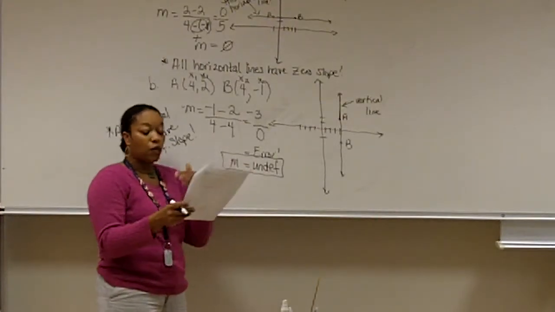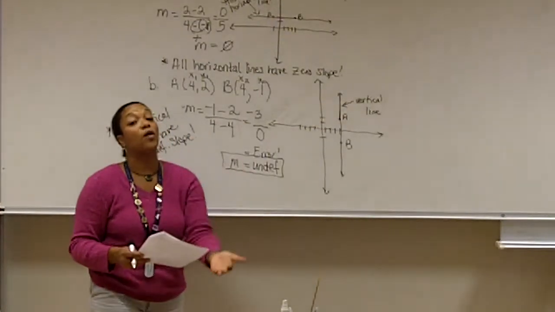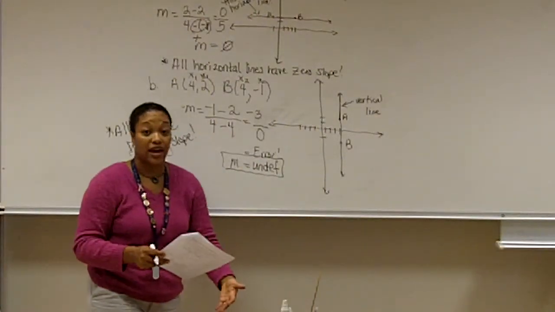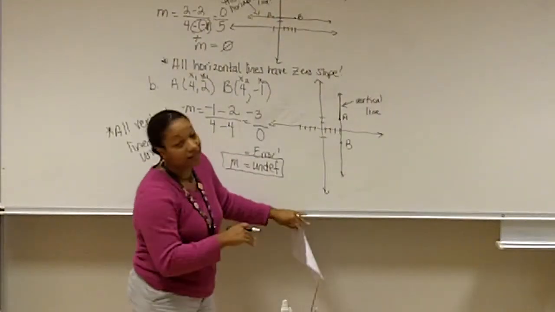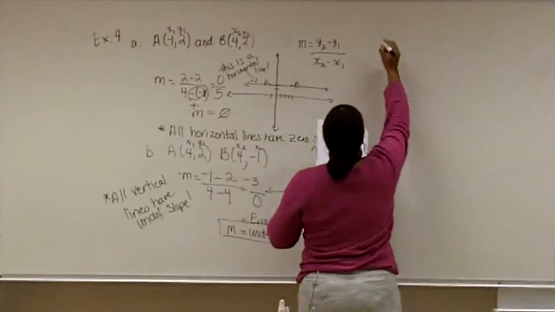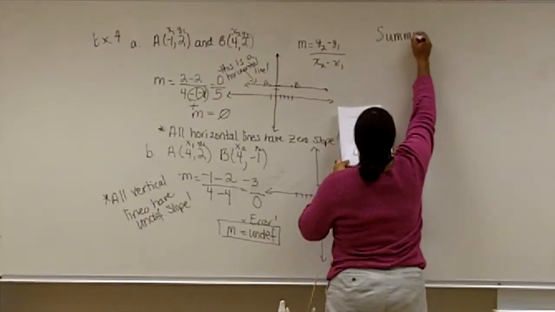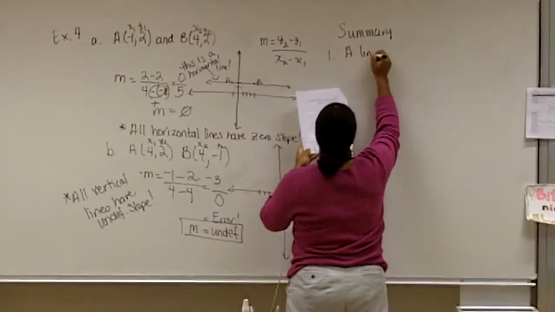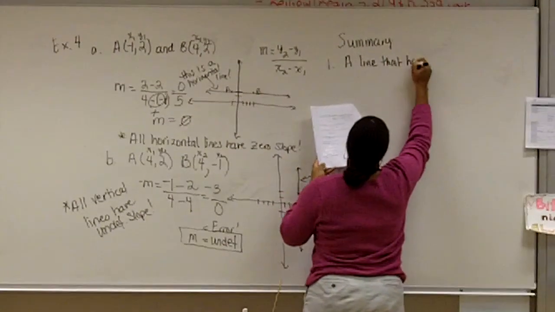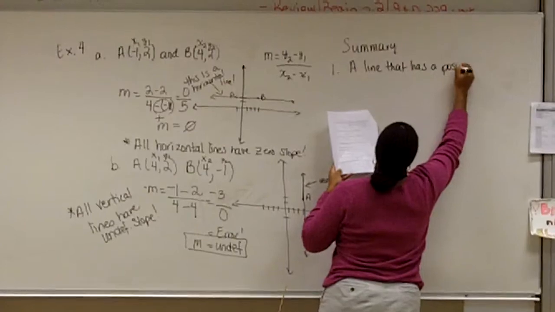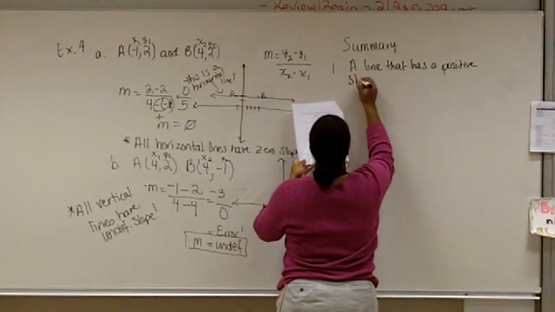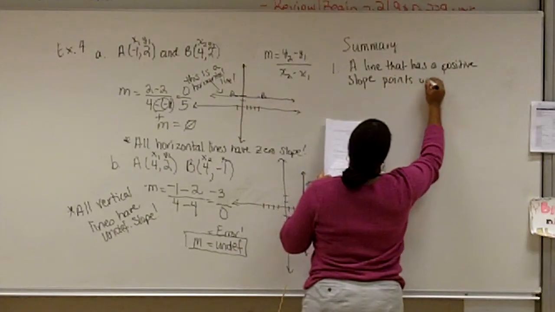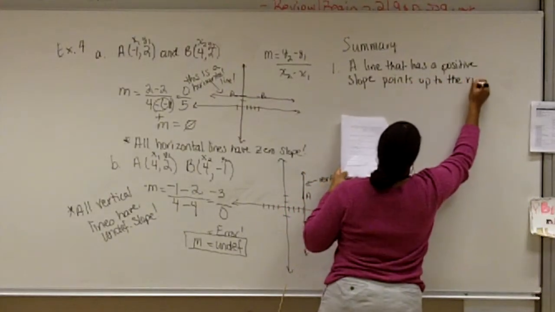Now, to summarize what we know about slopes, and these are things that are just going to help you, the shortcuts, kind of help you remember if I ask you to describe a line based on the slopes. Let's write these down. To summarize what we can find out about slopes, the first thing you want to write is a line that has a positive slope points up to the right.